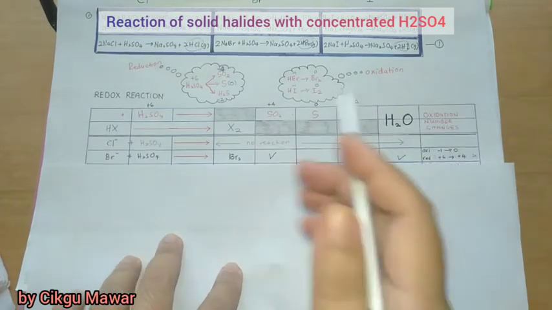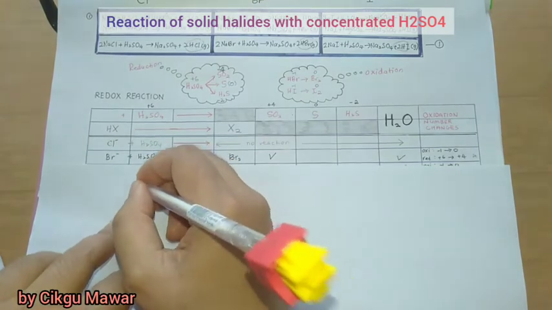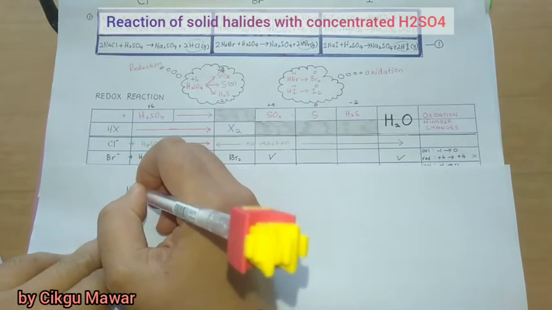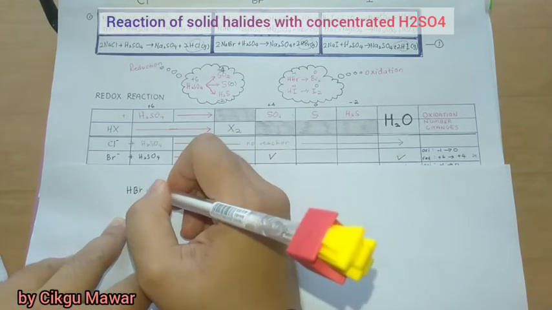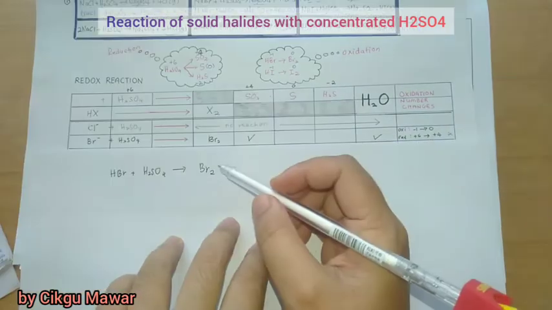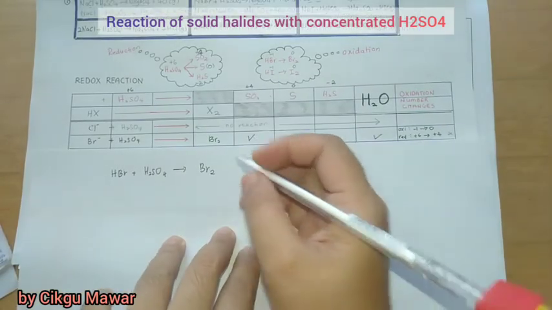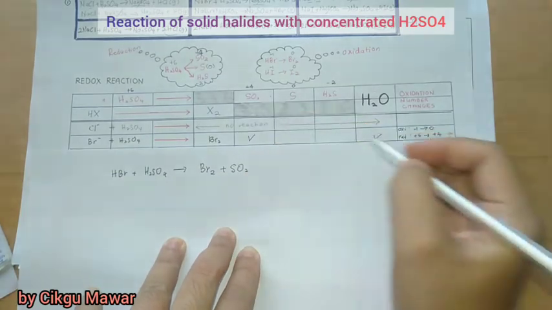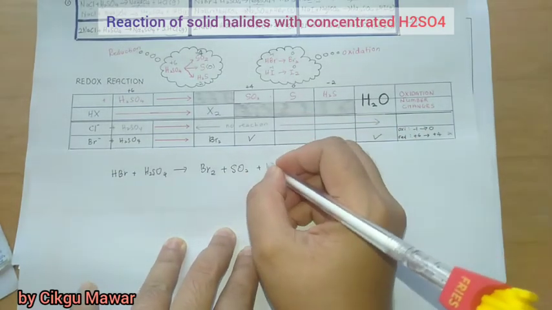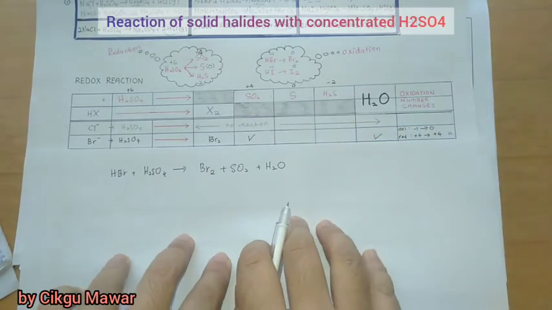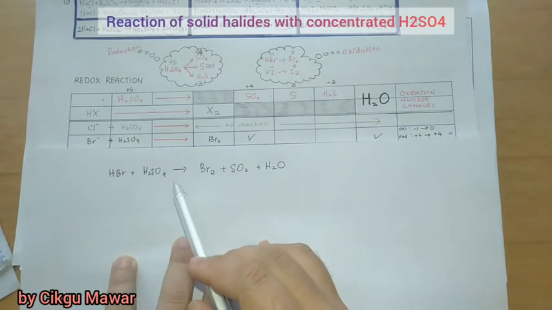For the first one, bromine, we use the bromide ion, so we take that as HBr and react it with sulfuric acid. It will form bromine, sulfur dioxide, and water. This is the redox reaction of bromide with sulfuric acid, and then we balance it.